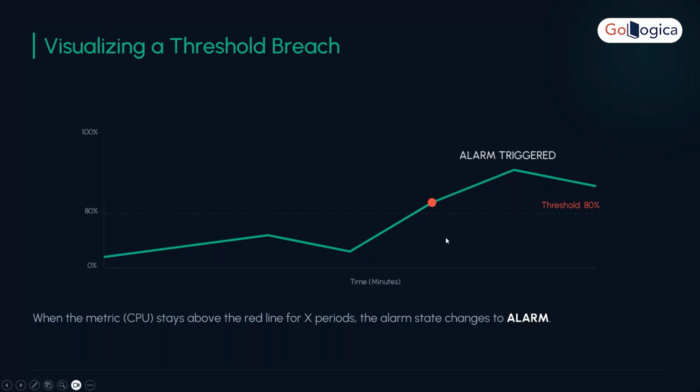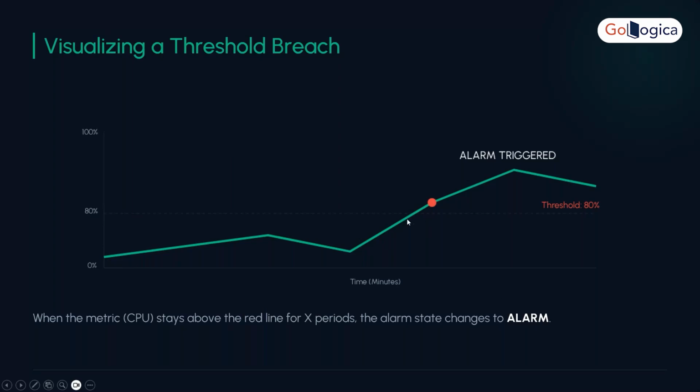That will not be considered a breach. So it should sustain for some time, maybe for a single data point, maybe for 1 minute, maybe for 5 minutes. You need to set that, based on when you want to change the status to in alarm.